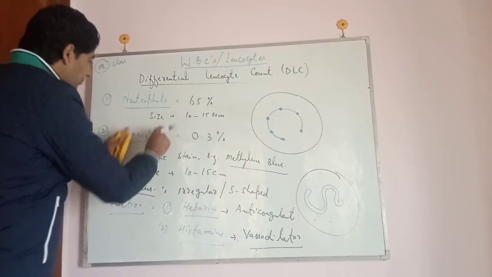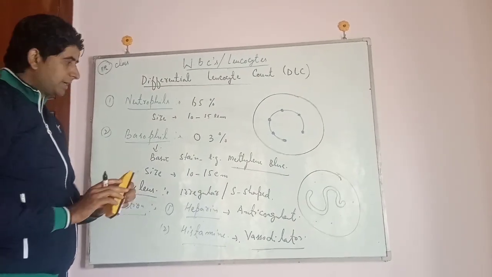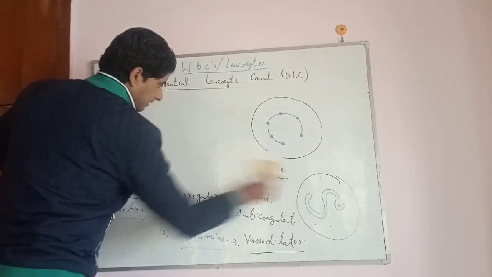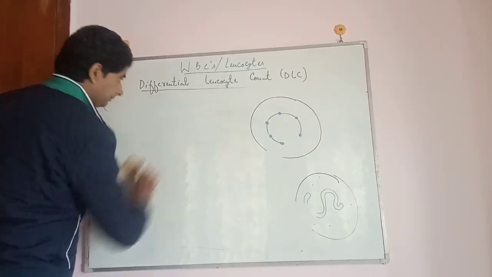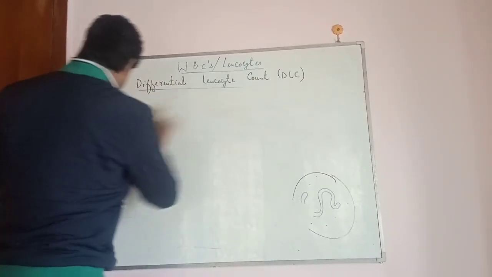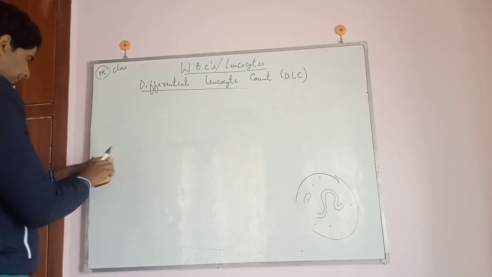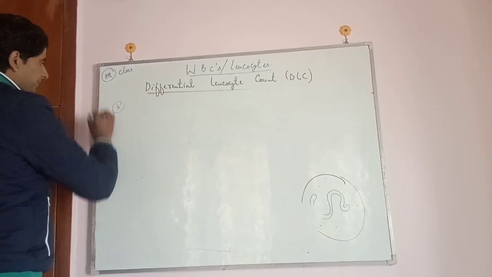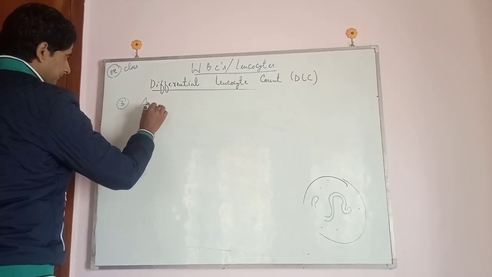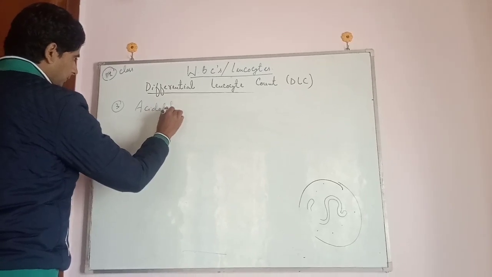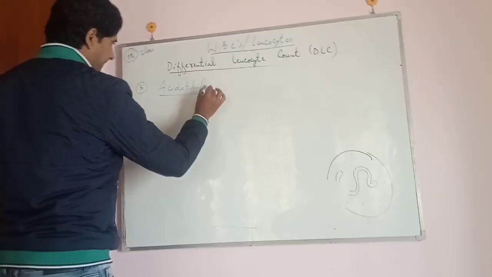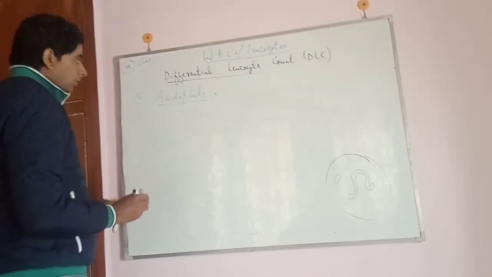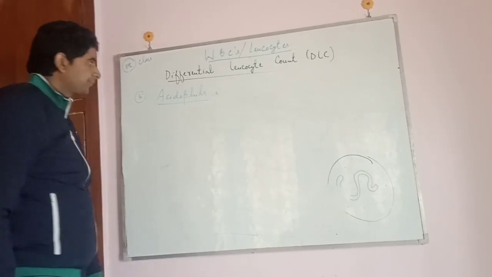So these are the two types of WBCs. Now moving towards another type of the WBC, that is acidophils. So now the third type of WBC, that is acidophils.